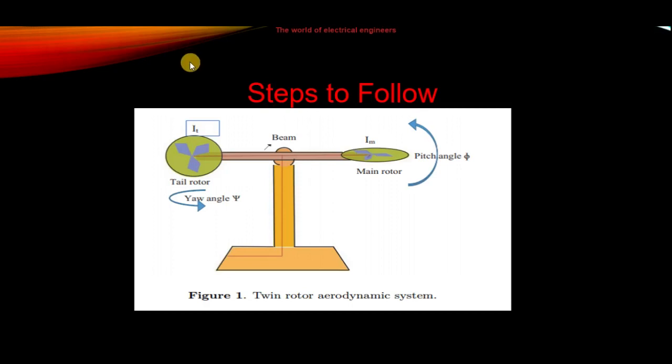These rotors are mounted on a beam. This is the beam, and these motors are mounted on this beam. This motor is called main rotor and this is called tail rotor.